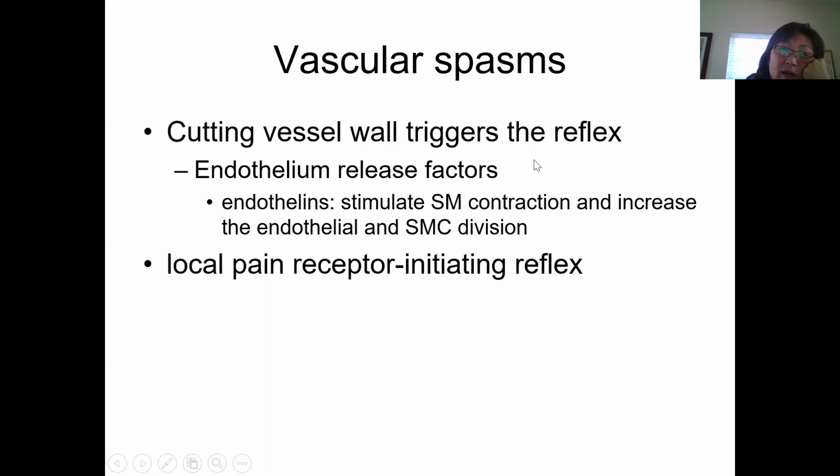These chemicals trigger contraction of the smooth muscle cells around the vessel to make the vessel diameter decrease, okay, constricting the blood vessels to minimize the blood loss. That's called a vascular spasm.